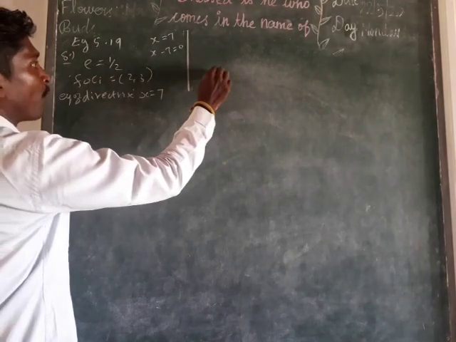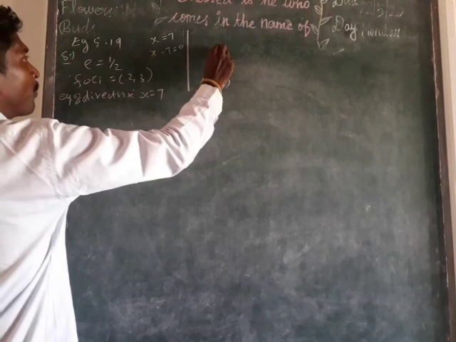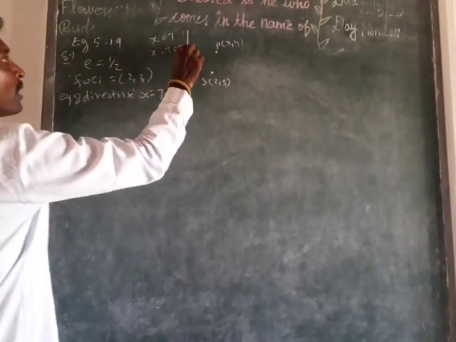They have given the fixed point S as (2, 3). Then take the moving point B at any point (x, y). So what is the conic?